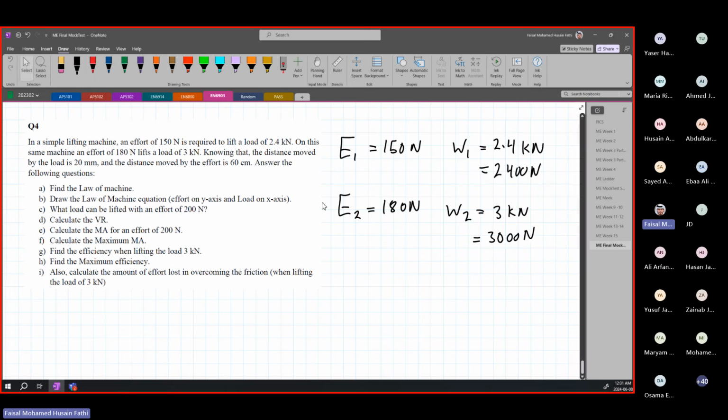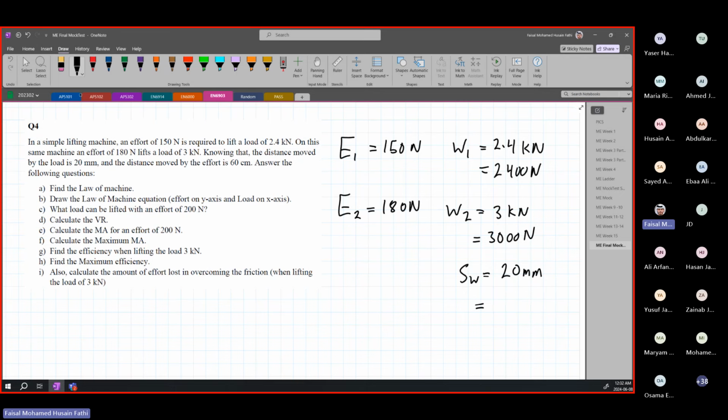So by just looking at this without any additional information, you can find your MA and you can find your law of machine and plot it and everything with only this given. Let's keep on reading. Knowing that the distance moved by the load, SW, is 20 millimeters.